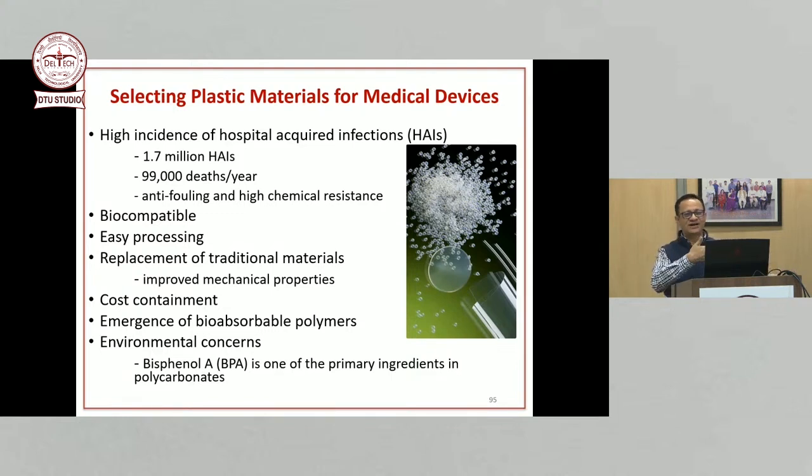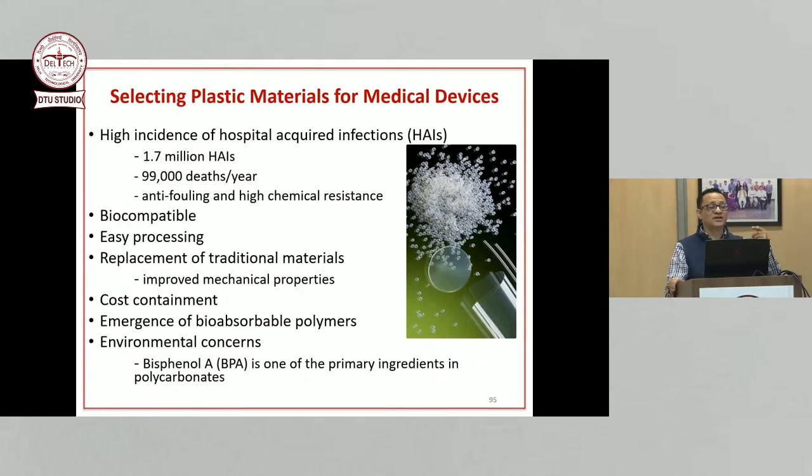With polymers and medical devices, proteins come and stick to the surface, bacteria grow on that surface, and blood contacts that surface and clots on it. We want to prevent all that. We want polymers that are biocompatible and easy to process.